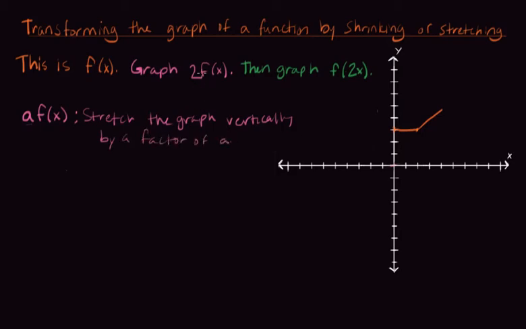So in this case, it would mean that we're stretching it vertically by a factor of 2, which means that we're taking everything vertical and we're multiplying it by 2.